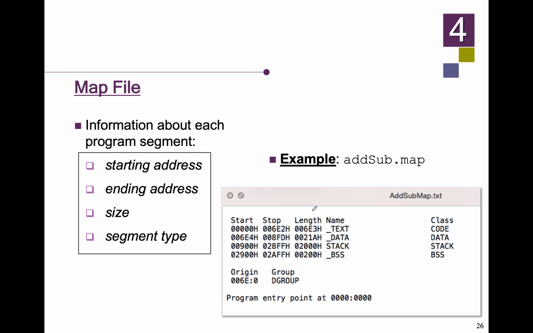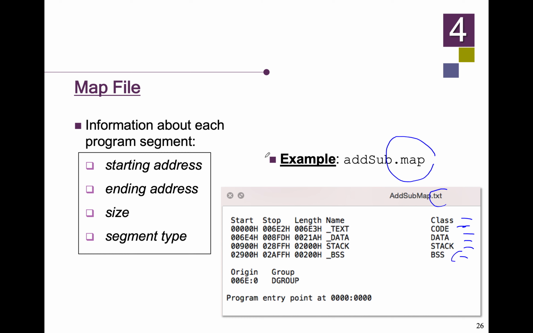If you check your folder, maybe you can try to find out where the .map is, and open it using your notepad. You're going to see what is inside the file.